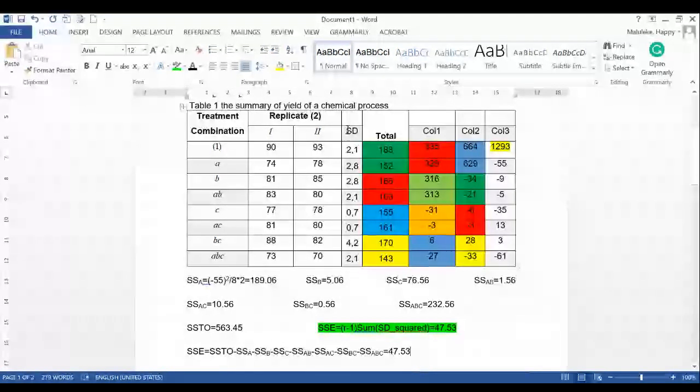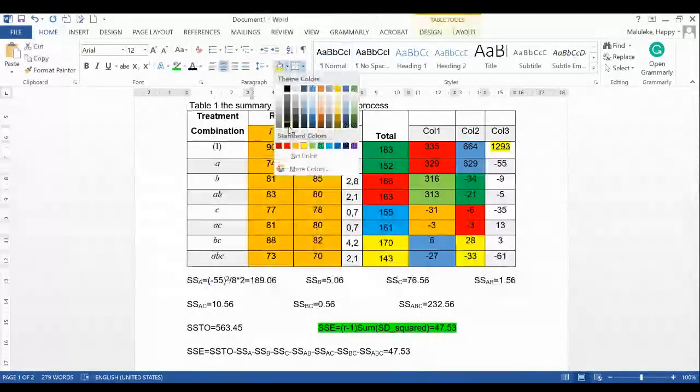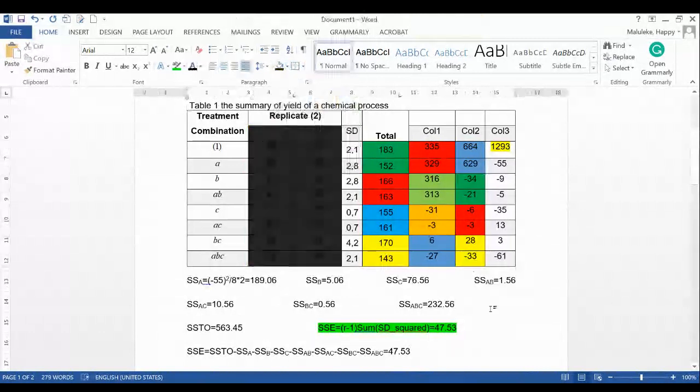If you are given only this information, if you are not given this part here, sorry, let me use this color. If you're not given that part, guys, yes.